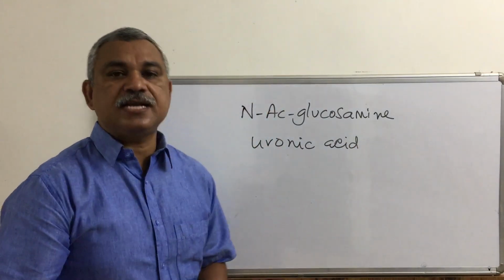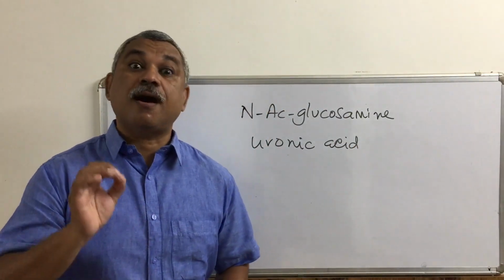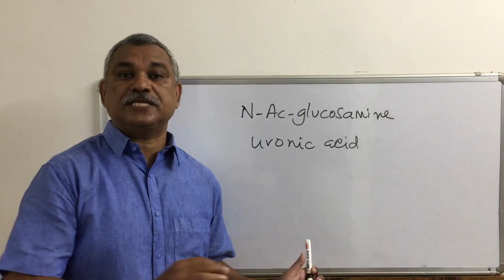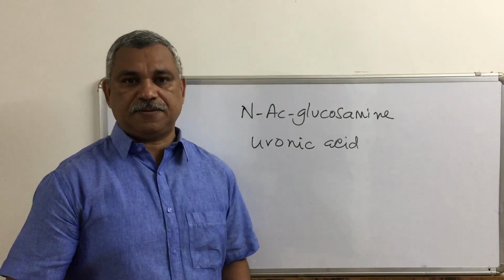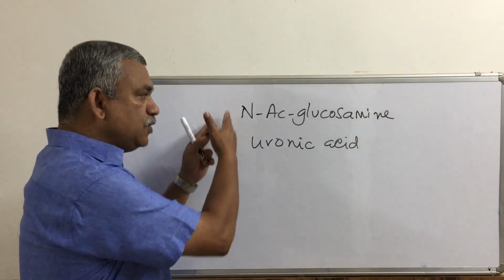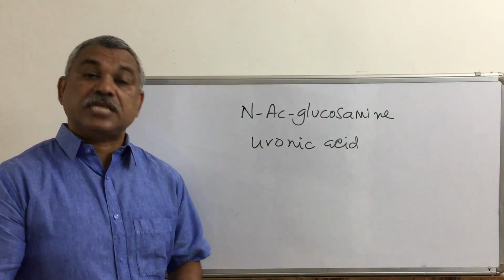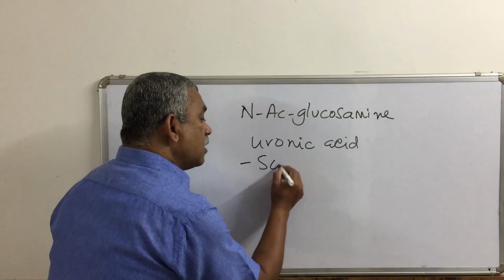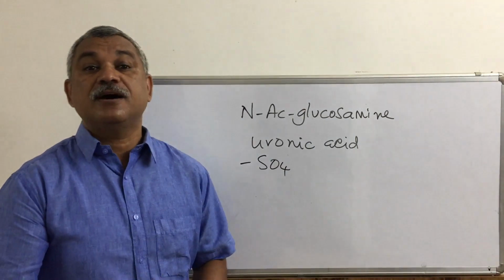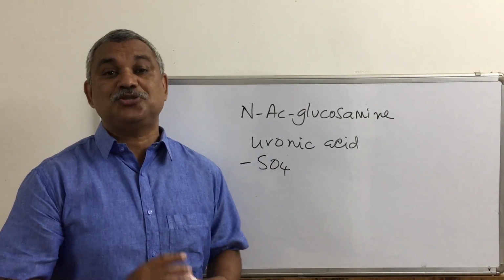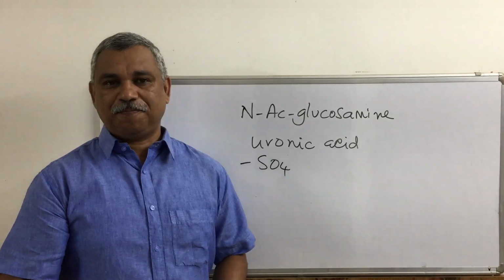So from the name we understand it has a highly negative charge present in all mucopolysaccharides. These units are repeated with a mild variation. Some of them will also be sulfated. That gives a very high negative charge to mucopolysaccharide.